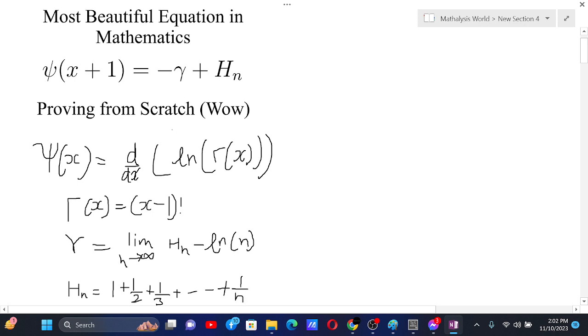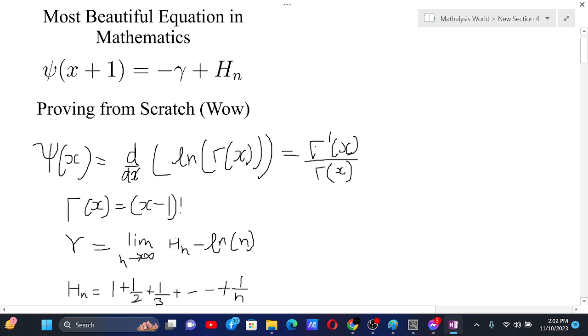So these are the definitions of those functions we are using, and this can be simplified as the derivative of the gamma function by the gamma function, from the chain rule of differentiation. So this is the digamma function, this is the gamma function, this is the Euler-Mascheroni constant.